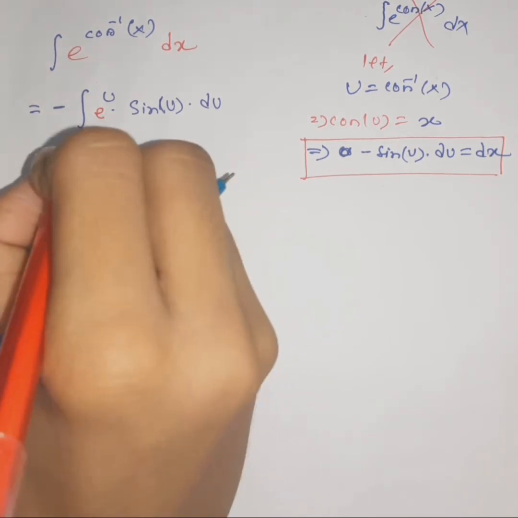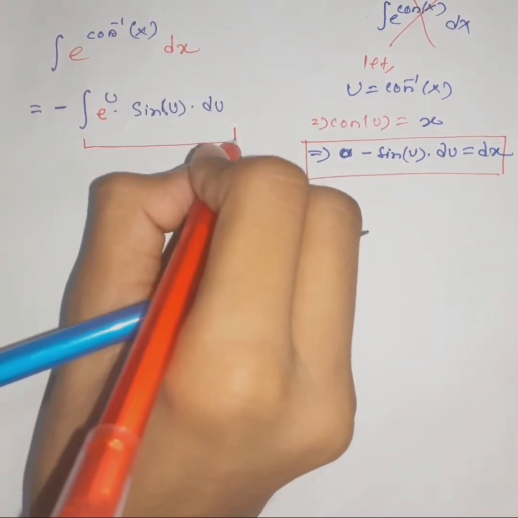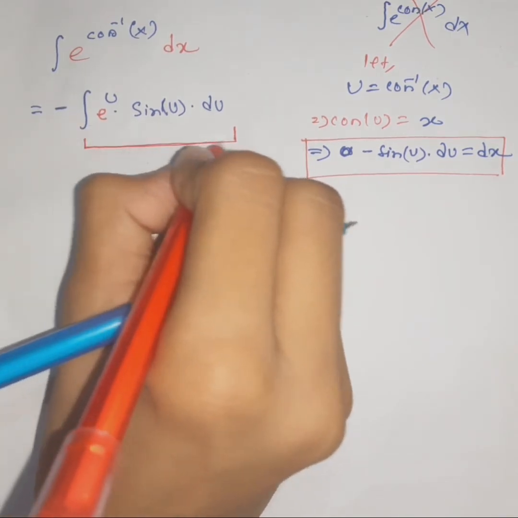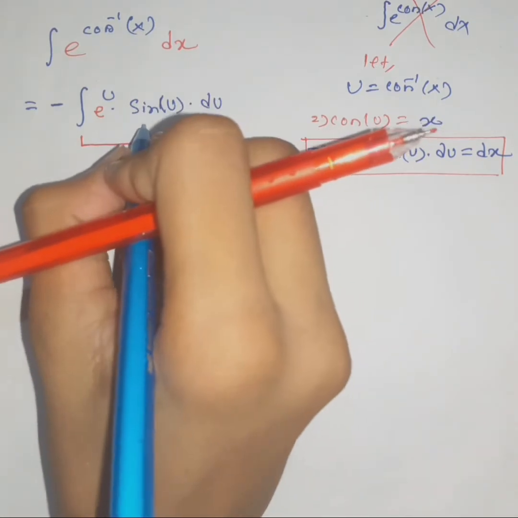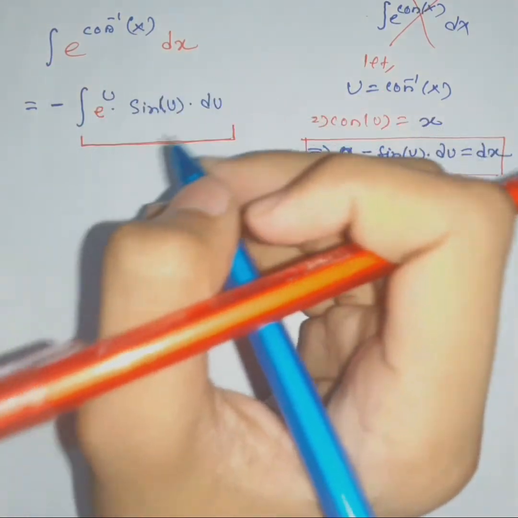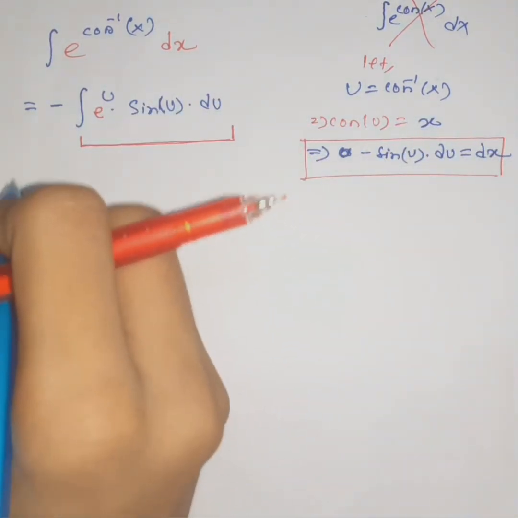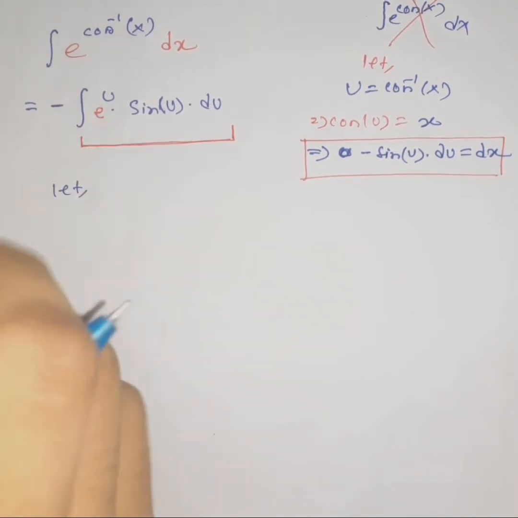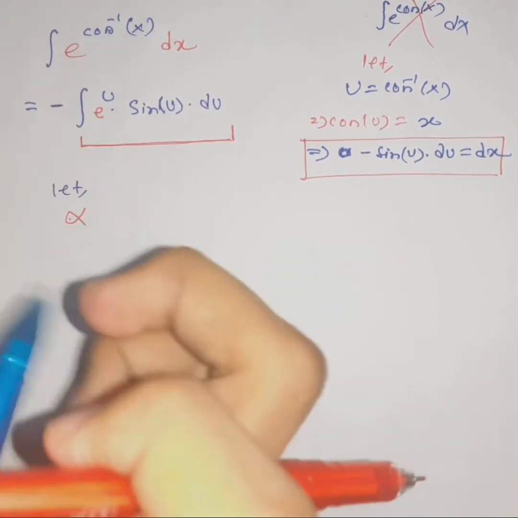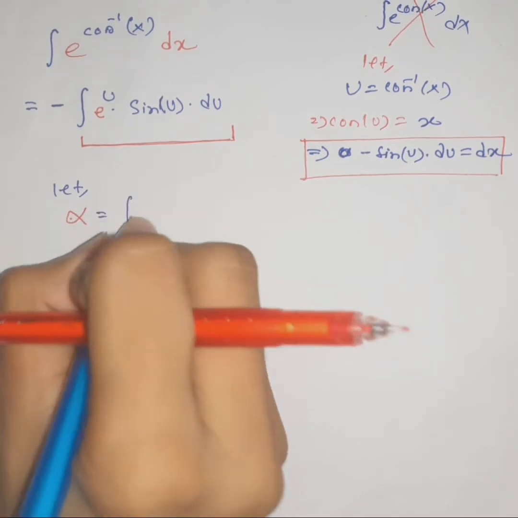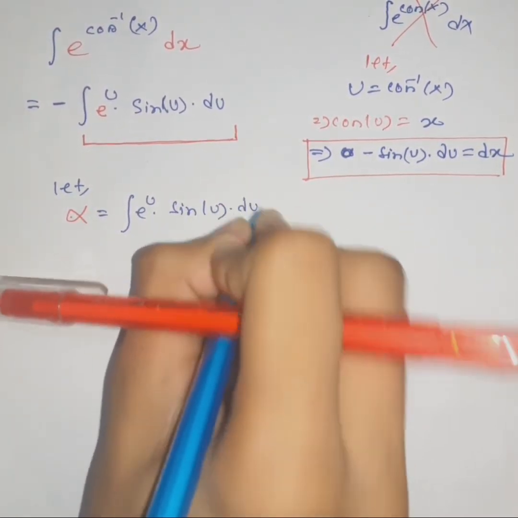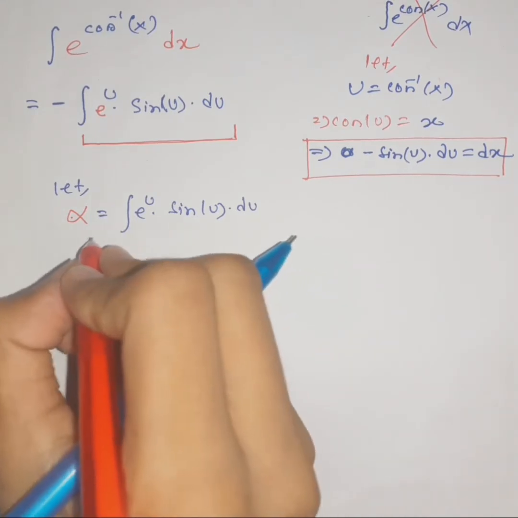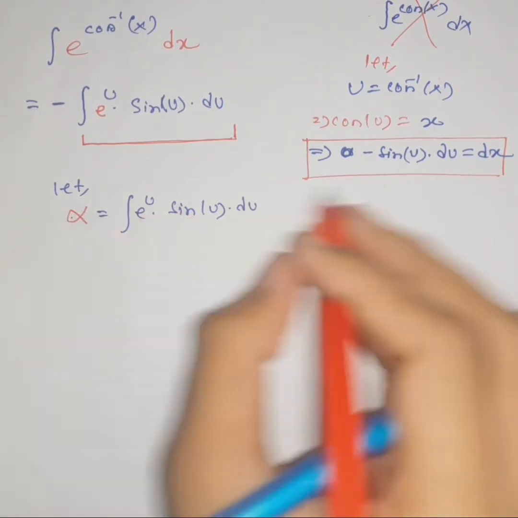So now we just need to find the value of this part. We can do it with integration by parts, so let's give it a try. First let's call this a fish, so this fish is equal to the integral of e to the u sin u du, and now what we need to do is just find the value of this fish.